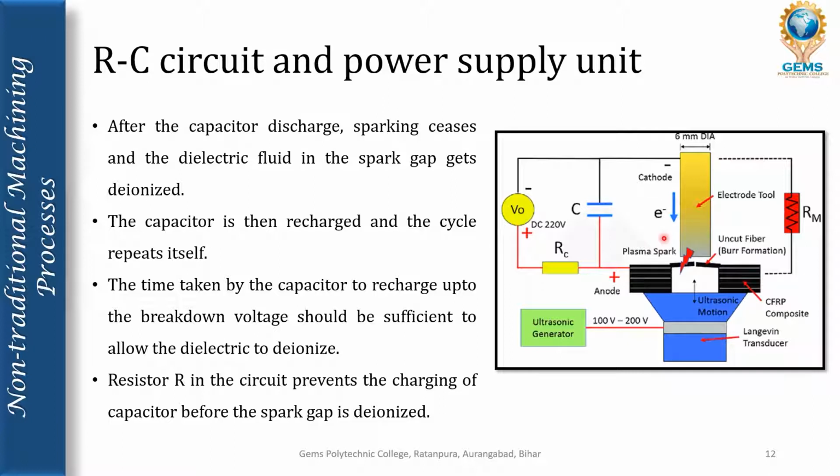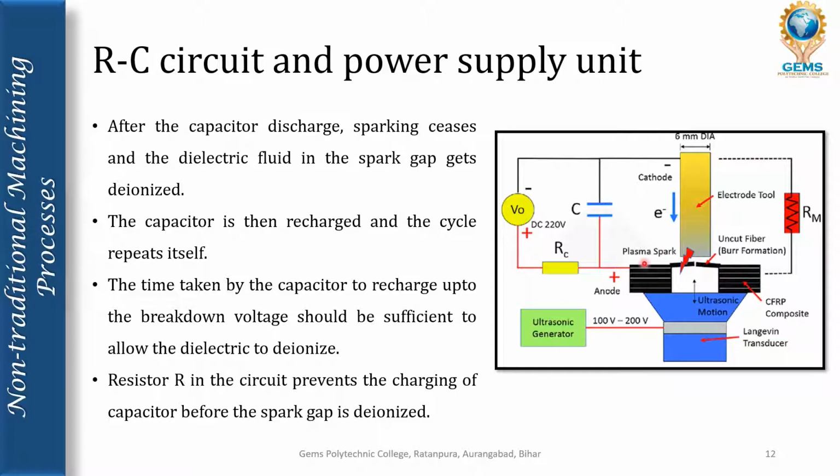When the electrical supply is flowing between the tool and workpiece, the dielectric fluid gets ionized so that the current can flow through it. So when the capacitor gets discharged and the sparking ceases, the dielectric fluid in the spark gap gets deionized.